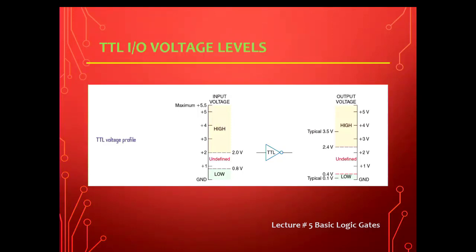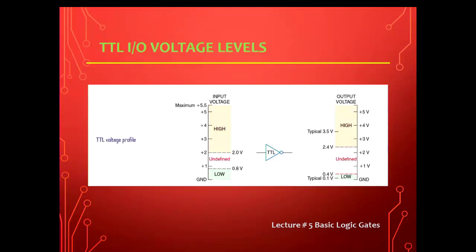For the output, if you look at the region for the low, it's very, very small, 0.4 volts. It's a very small range, and in any system, be it analog or digital, we can have noise. And what we know, noise is an unwanted signal that could be induced into our circuit through the wires or any electrostatic charges on the PCB board.